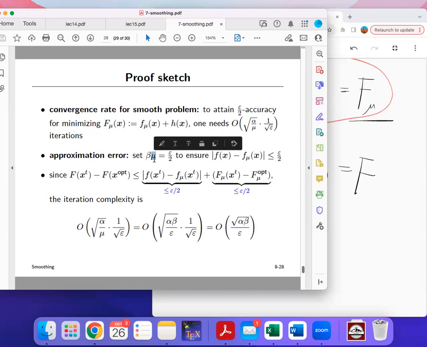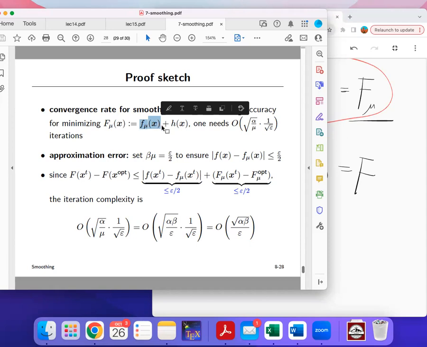If we choose a very small mu, we will have a very accurate approximation. The approximation error will be small. However, a very small mu will make the first term very large. This complexity will go up, because if we use a very small mu, then the condition number of this problem will be very bad, and that increases the complexity.